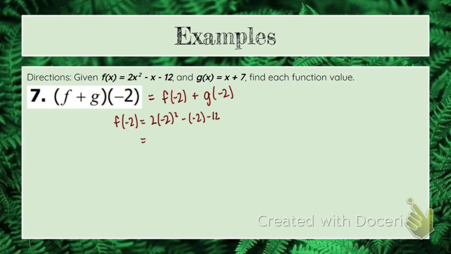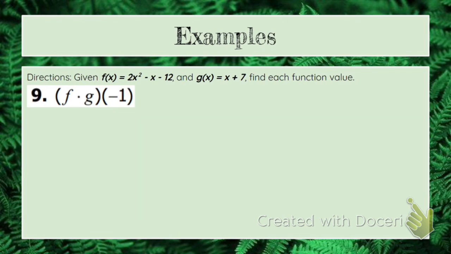And we're going to find that f of negative 2 equals negative 2. And then g of negative 2, we're going to plug negative 2 in for every x. And we're going to find that g of negative 2 equals 5. So we have negative 2 and 5, and we want to add those together. Negative 2 plus 5 is equal to 3. And that's your final answer.